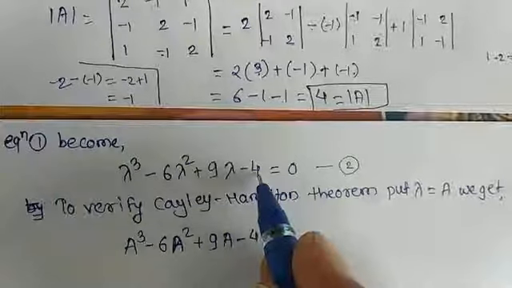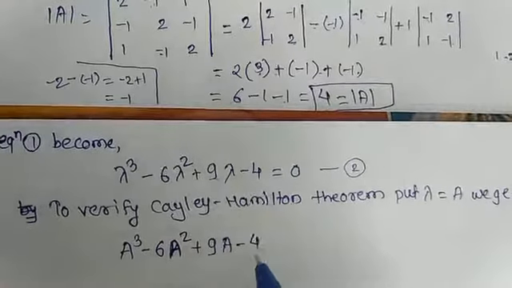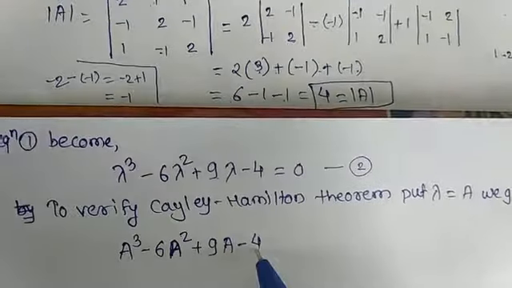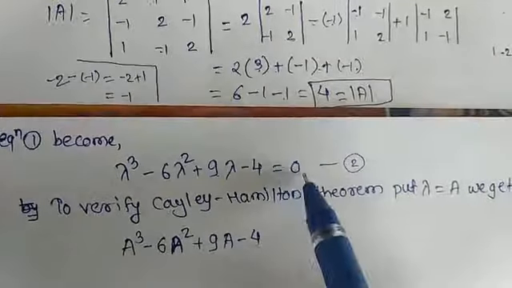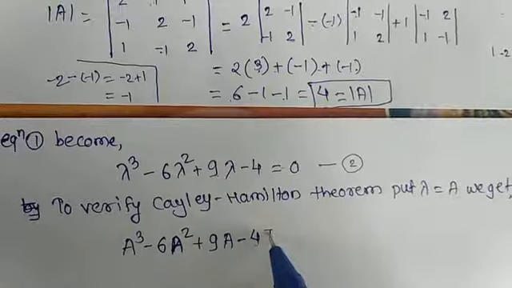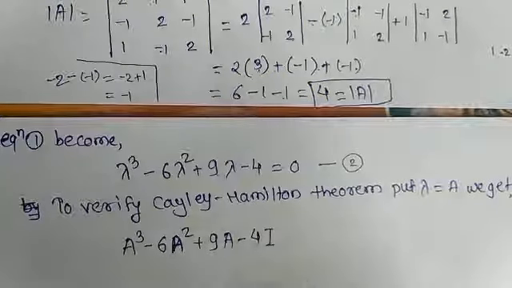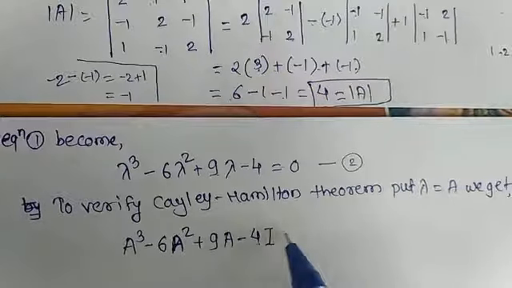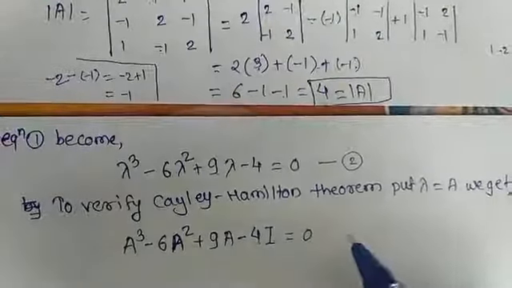Here it is a constant. If we consider 4, it is not a matrix, so we can't satisfy this equation. So to satisfy it we have to consider the constant with the identity matrix. 4 into identity equal to 0, which is equation number 3.